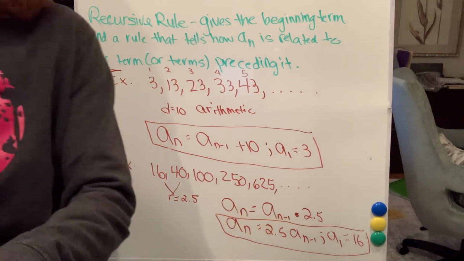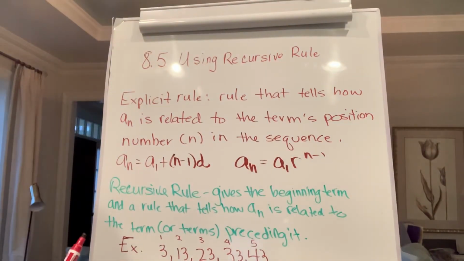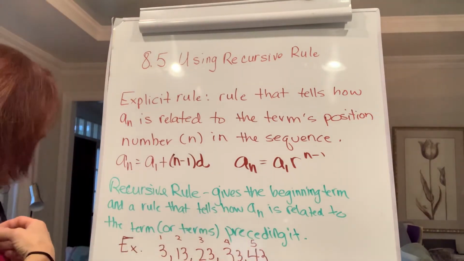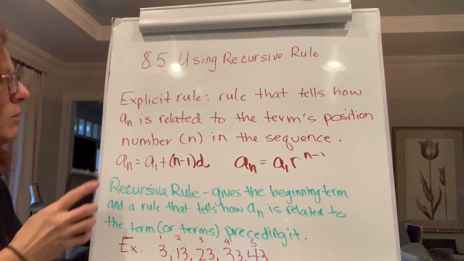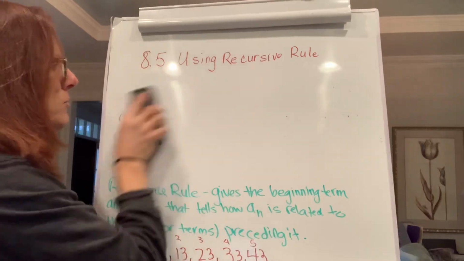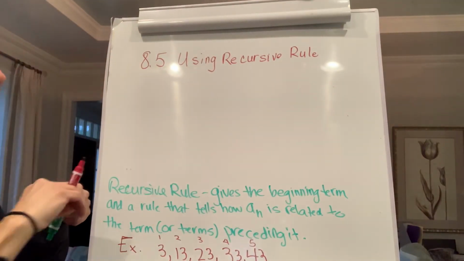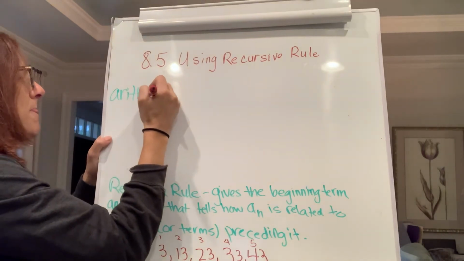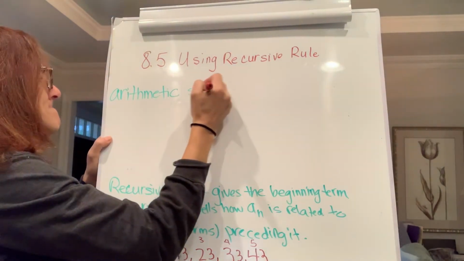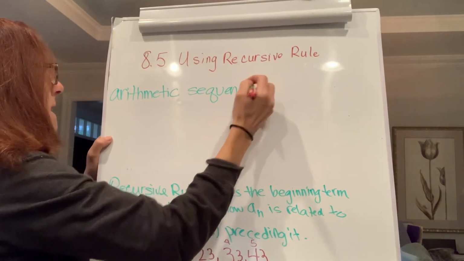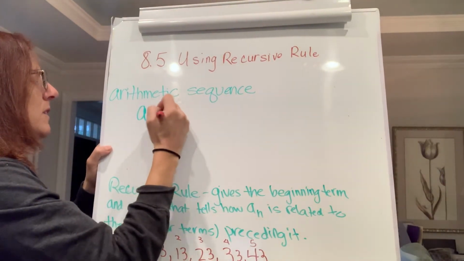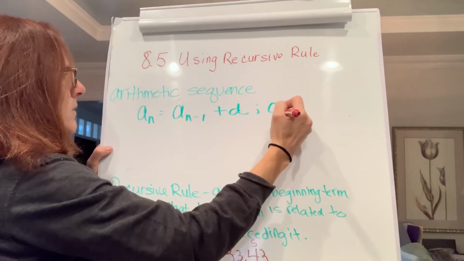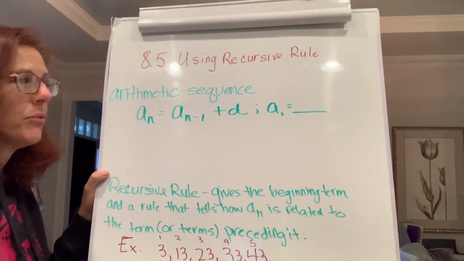All right, so going back up here, let us write down the general formulas. The general formulas for recursive rules. All right, so for an arithmetic sequence, you do a_n equals a_(n-1) plus d, and then you tell me what the first term equals.